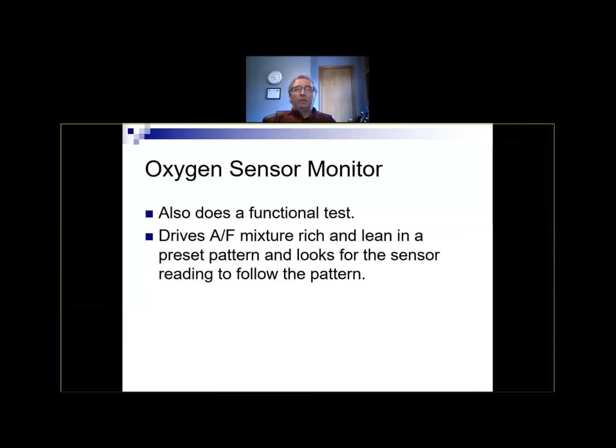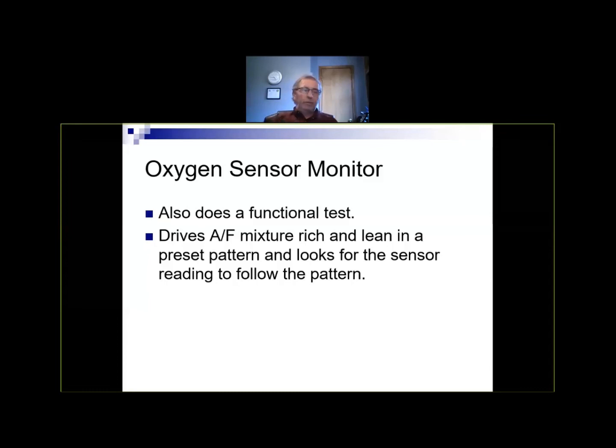So if you wanted to test an oxygen sensor's ability to pick up rich and lean conditions, you could say, all right, I'm going to intentionally drive it lean, and I should see a low number from that sensor. And when I intentionally drive it rich, throw more fuel at it, I should see high numbers from that oxygen sensor. My sensor should respond to the actions I take.